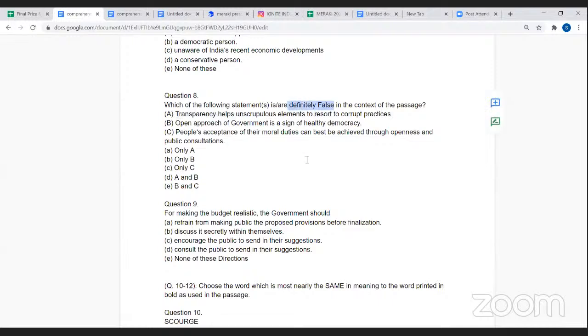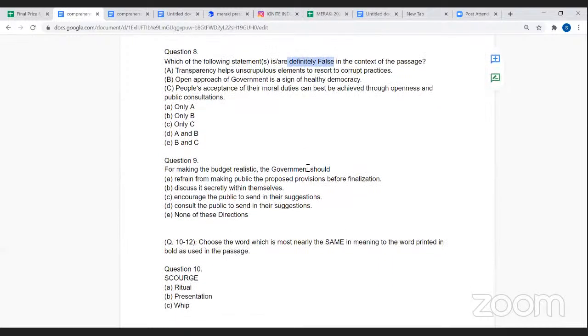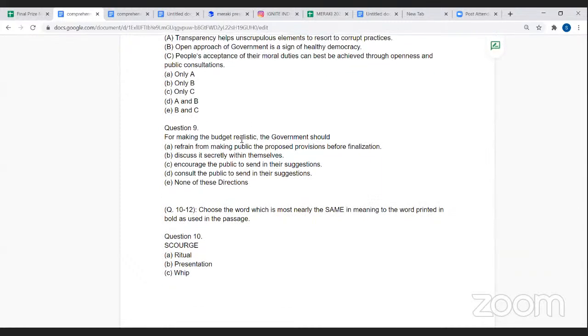They're asking for a definitely false option. Is that clear? Yes, ma'am. Okay. Question 9. For making the budget realistic, the government should. What is the answer of 8? Of 8, it is only A. Okay, ma'am.